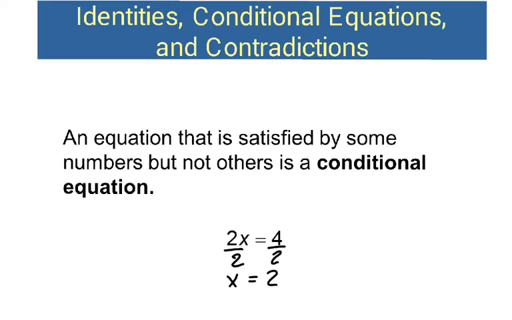And when your variable in your equation is equal to a number or a set of numbers, then this is known as a conditional equation. And you'll write a solution set just as we did in the previous few examples that we did.